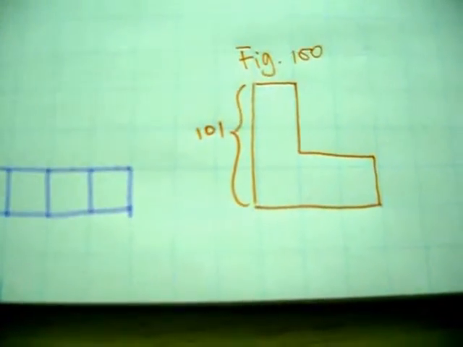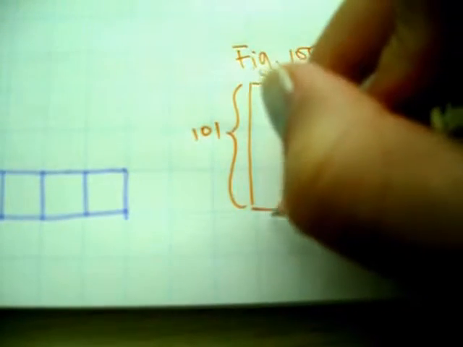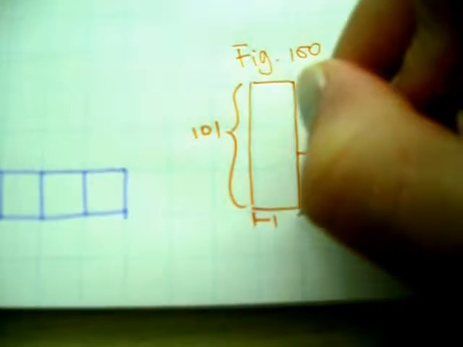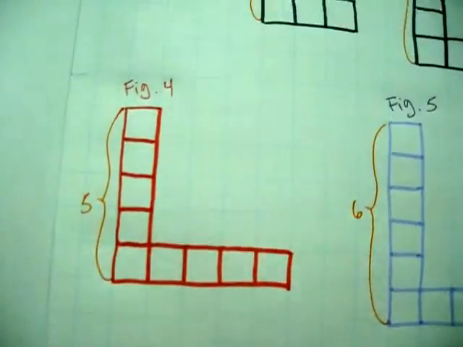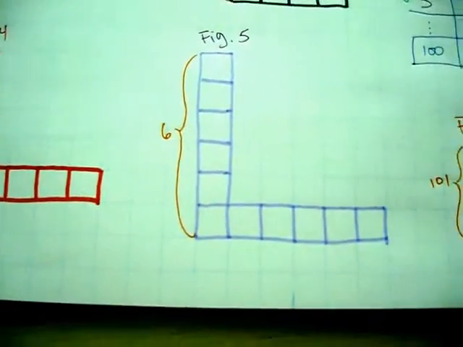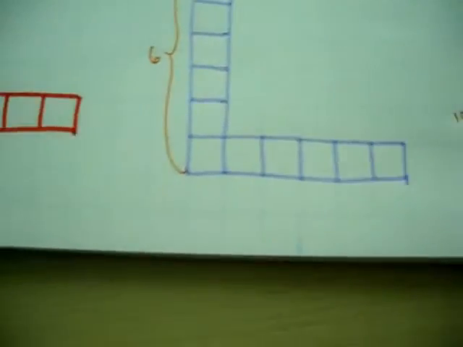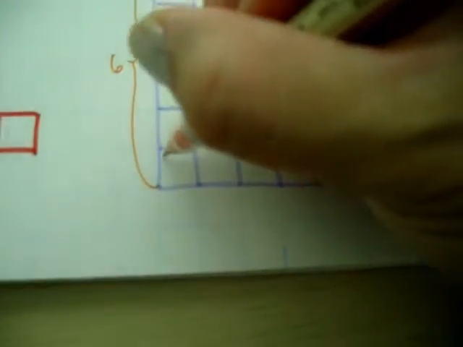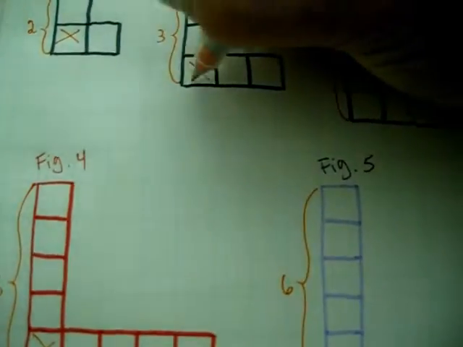So if this vertical L shape has 101, that means this part right here is 1 box. That's the pattern, the vertical and the horizontal parts of the shape have a width of 1 box. It's not like a double line box. So I'm not going to count this bit right here. It's already been counted. I'm just going to draw an X on all of the corner pieces here.